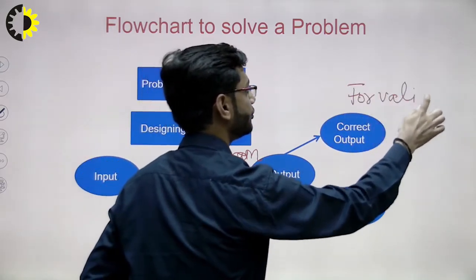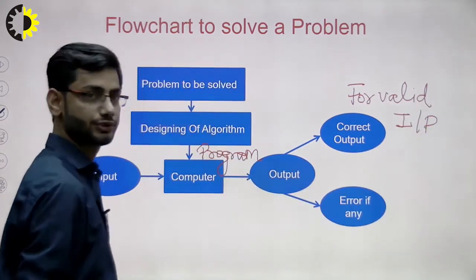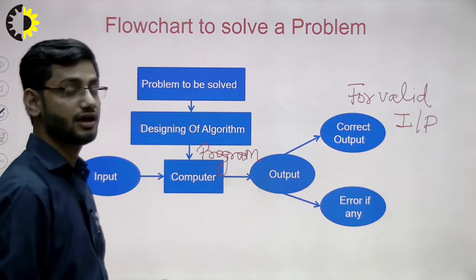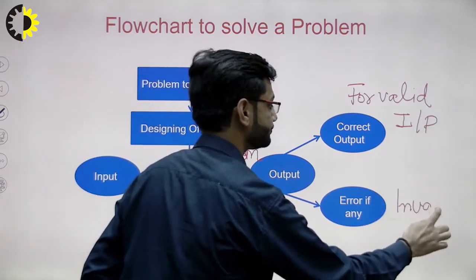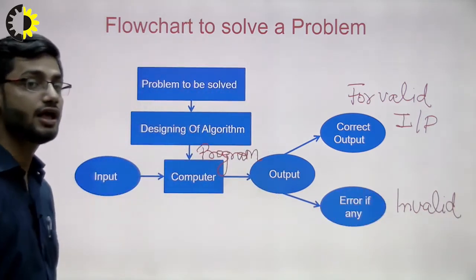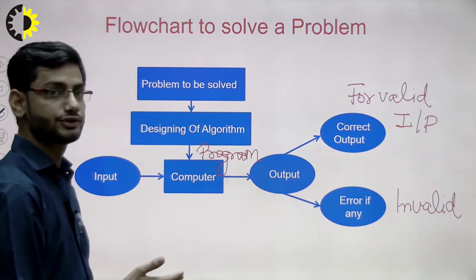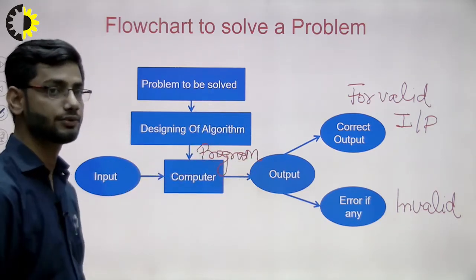For valid input case, we will get the correct output, and if the input is invalid, then error will be reported. So this is the whole flow chart for solving a particular problem.